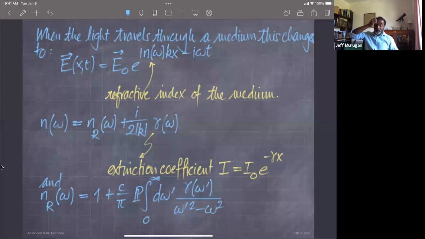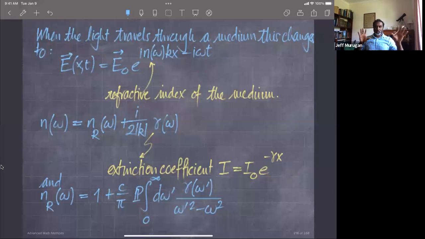So notice what we've done here. We've got this complex valued function n of omega, and we split it up into its real and imaginary parts. Its real part is the refractive index n r. Its imaginary part is this extinction coefficient. And what the Plemelj formula in its integral form allows us to do is to write the real part of n of omega in terms of an integral over the imaginary part of n of omega.